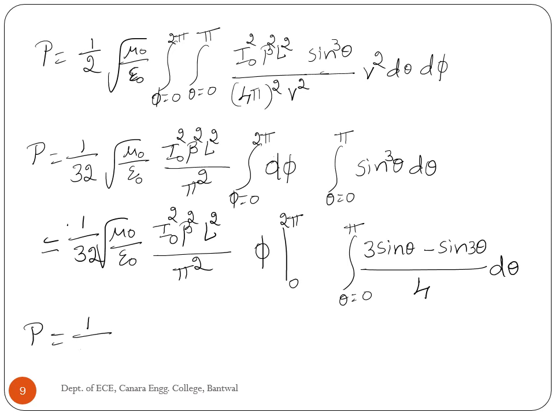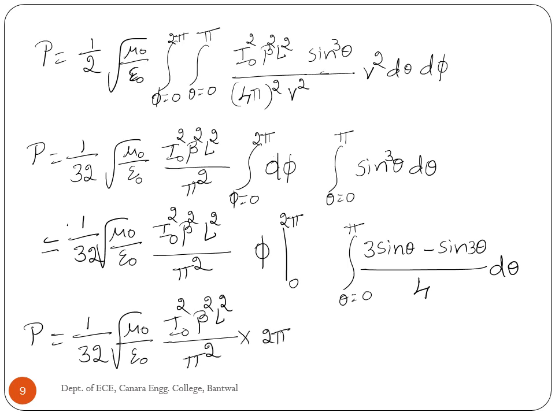1 by 32 root of mu naught divided by epsilon naught I naught square beta square L square divided by pi square into 2 pi.